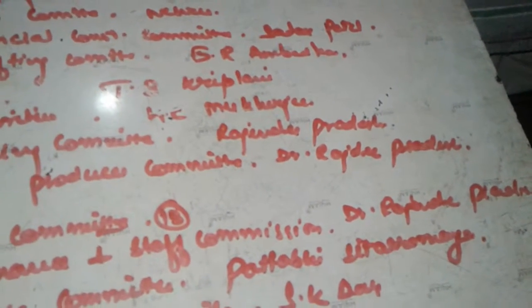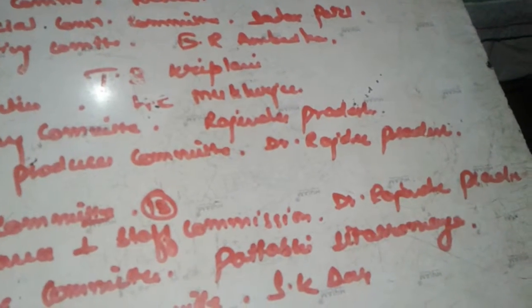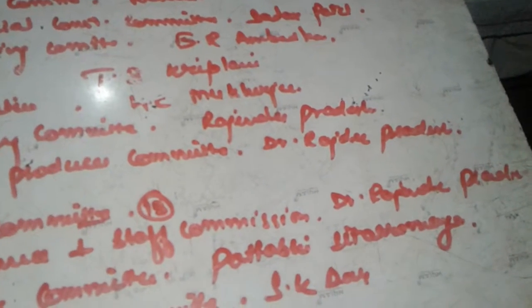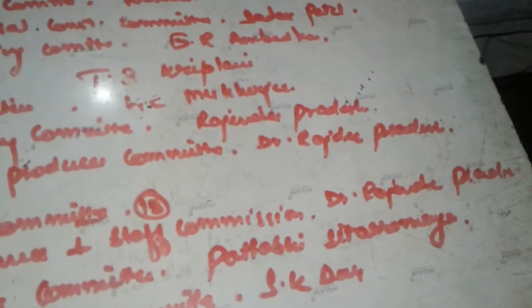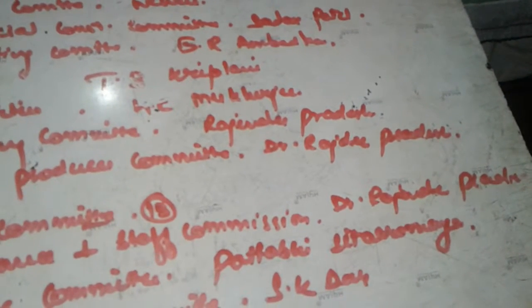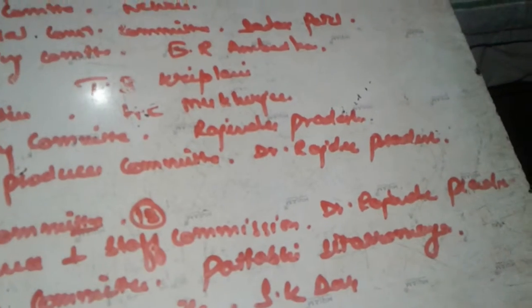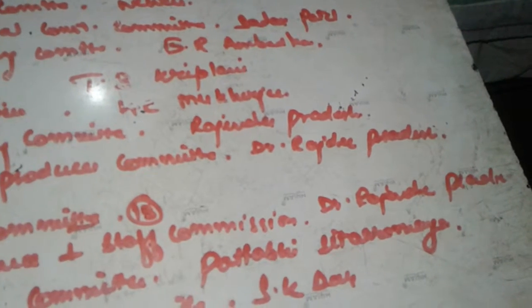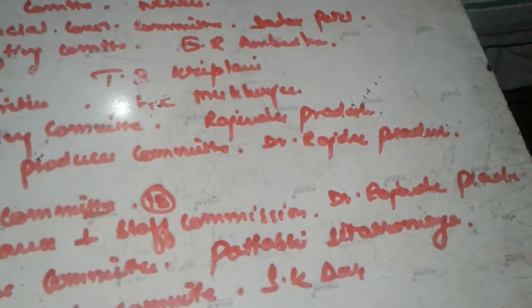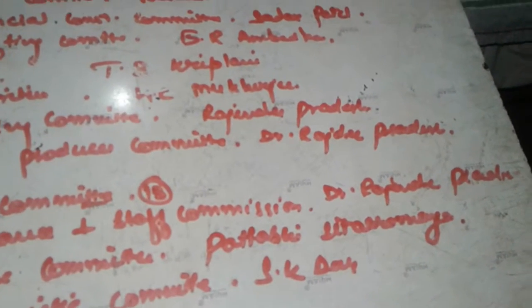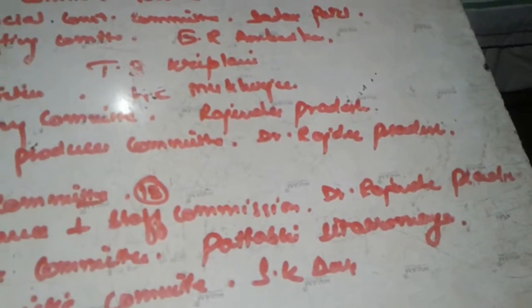There are 13 minor committees: the Finance and Staff Committee, Dr. Rajendra Prasad; Credentials Committee; House Committee, Pattabhi Sitaramayya; Press Gallery Committee; the Linguistic Provinces Committee, S.K. Dar.